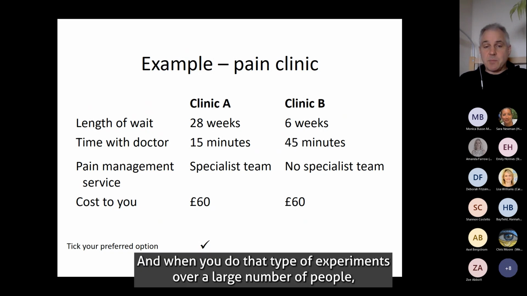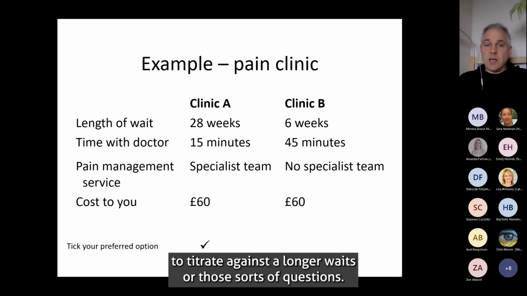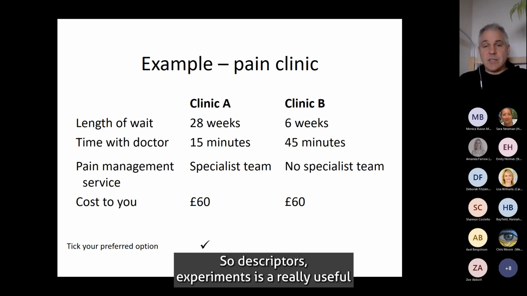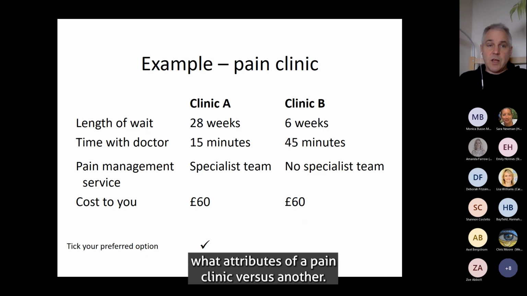And when you do that type of experiment over a large number of people, then we can work out on average how many minutes of appointment time are they willing to trade against a longer wait, or those sorts of questions. So discrete choice experiments is a really useful quantitative tool to try and understand people's preference towards one attribute of a pain clinic versus another.